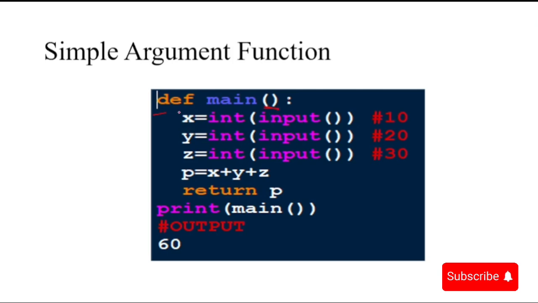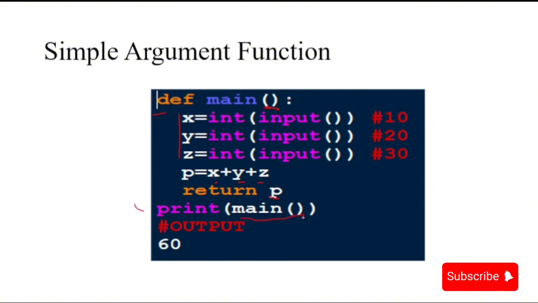And then we request the user to input the values that you want to perform the sum for. So we have x, y, and z. The input method, as I said, prompts the user to enter the values for the variables x, y, and z. And then return p, which now allows us to leave our function, and then we go ahead and call our function.